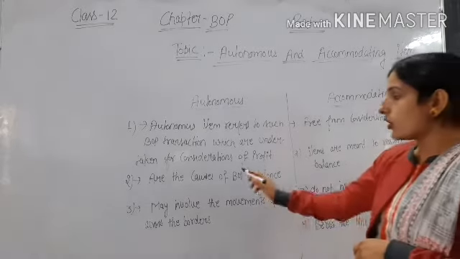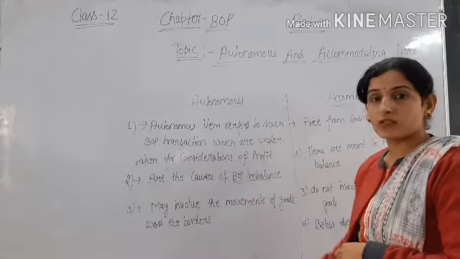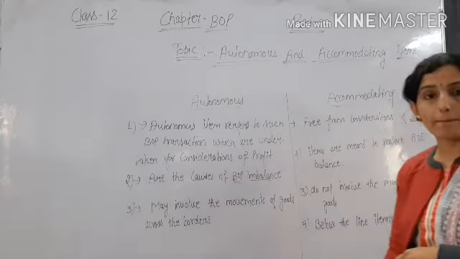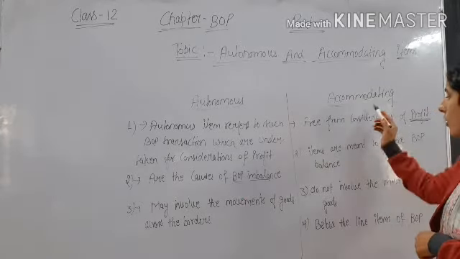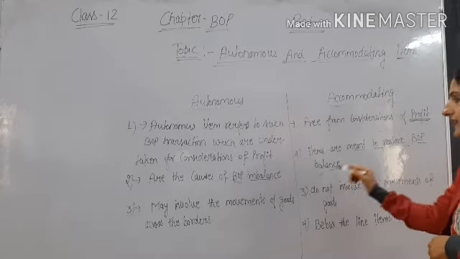Then autonomous items are the causes of BOP imbalance. Autonomous items are the causes of BOP imbalance and accommodating items are the means to restore BOP balance.